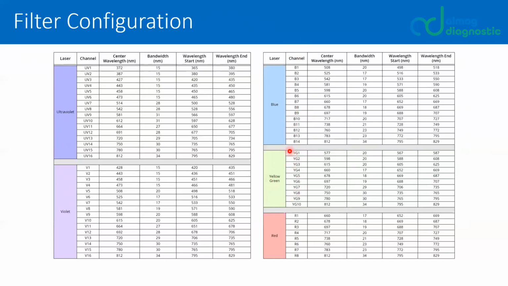The yellow-green laser has 10 detectors, and the red laser has 8 detectors. What is also important to mention is that all these detectors have a bandwidth between 15 nanometers and 35 nanometers. And this enables us to get the full emission spectra from 380 nanometers until 850 nanometers.